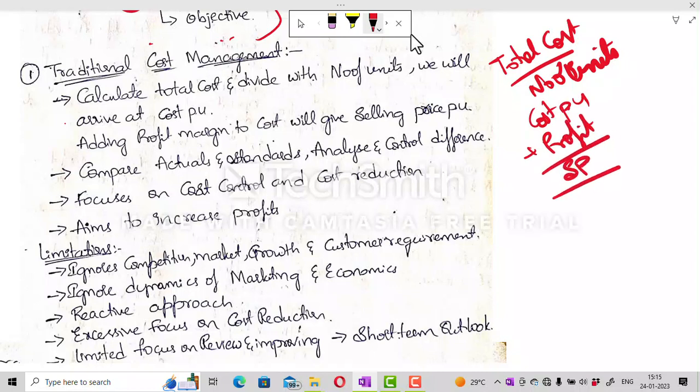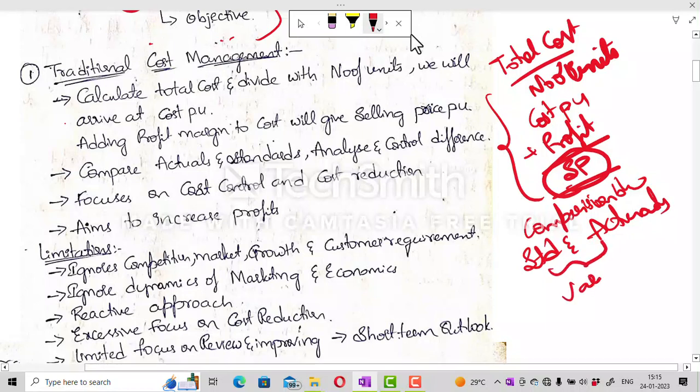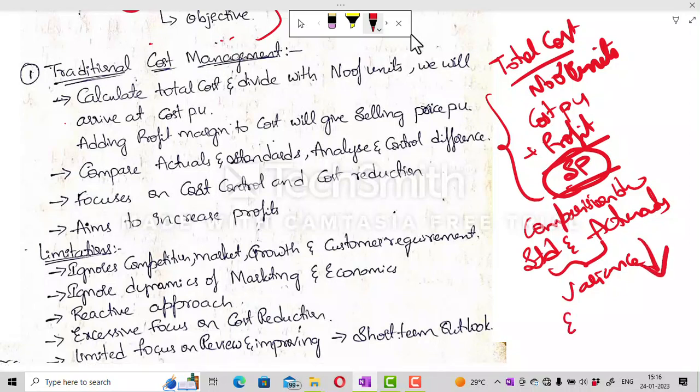We use it to sell the product at the selling price arrived at in this method. And after arriving at the selling price, in the accounting department we will do comparisons between standards and actuals. Any difference is called a variance, and the only aim is to reduce these variances and earn the profits.